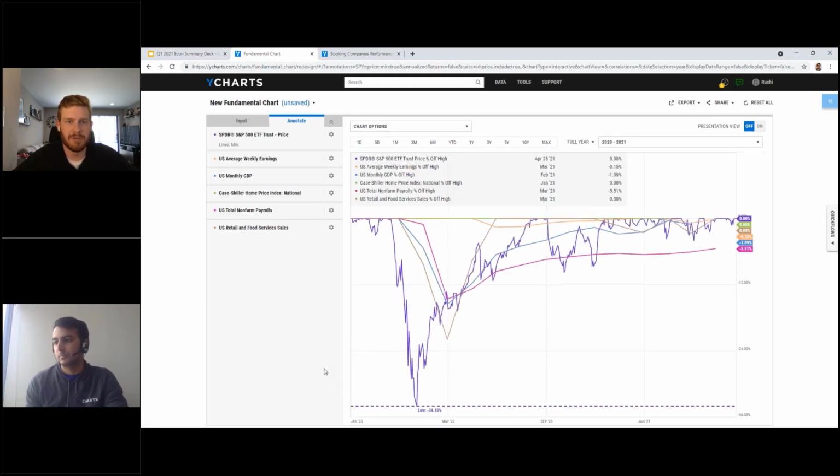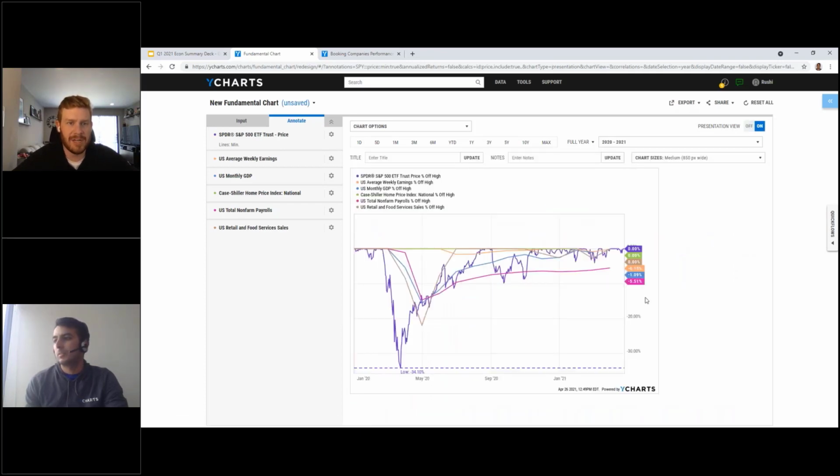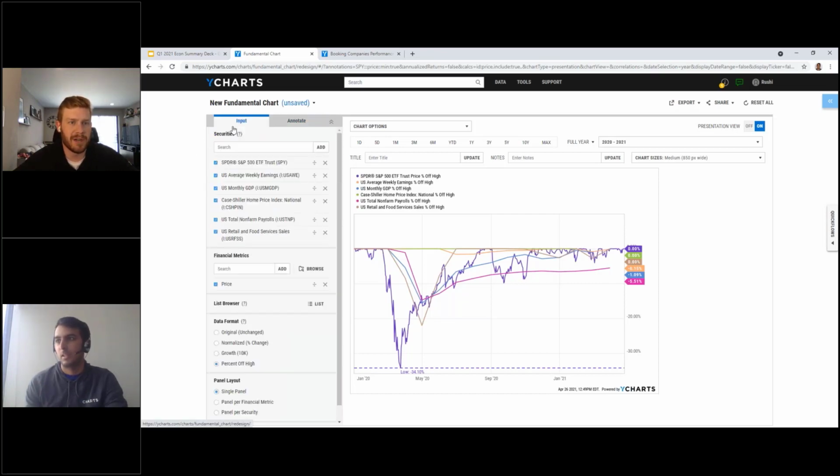And if Rishi switches over to presentation view, he can add a title, he can add a description, and this chart is easily exportable to go into a newsletter, onto your blog, social media. Very easy to turn it into a visual and distribute that on whatever channels you'd like to. So wanted to show you a quick how-to on that one.